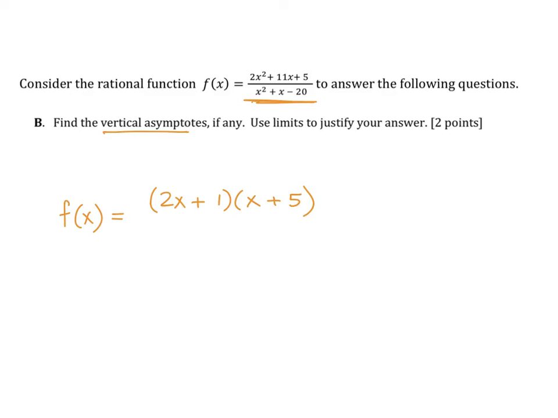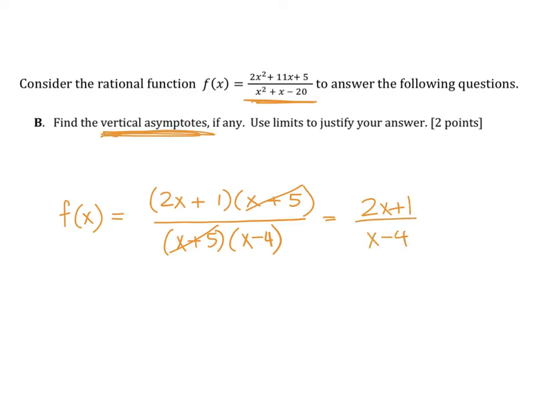That's going to give us 10 and 1, so that'll work. And then in the denominator, we're going to get x plus 5 times x minus 4. Now, notice these are going to cancel, and so what's left over is 2x plus 1 over x minus 4.